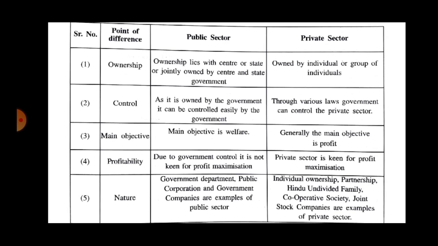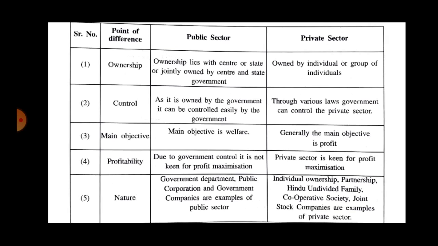Now the main objective of public sector is social welfare and upliftment, and private sector's main objective is maximizing the profit. And profitability is not much important in public sector, but profitability is the main motive of private sector.